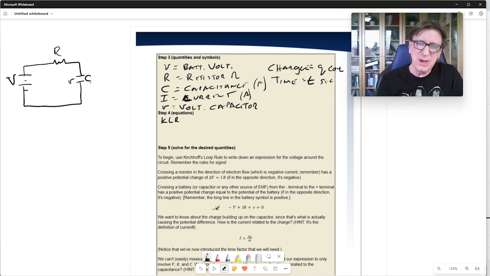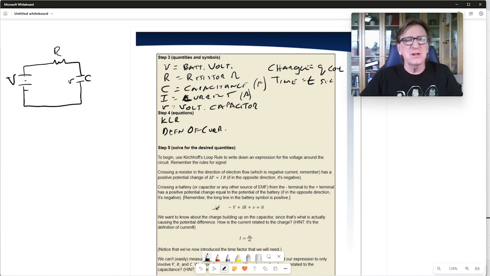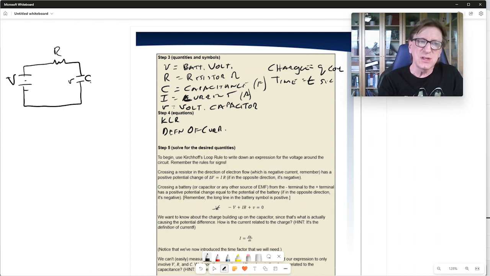The other thing we might need is the definition of the current. And the reason why that comes to mind is I need some sort of time variation. Up to this point, we haven't really talked about anything varying in time. Yet what's making this circuit vary in time is the fact that there is a current.